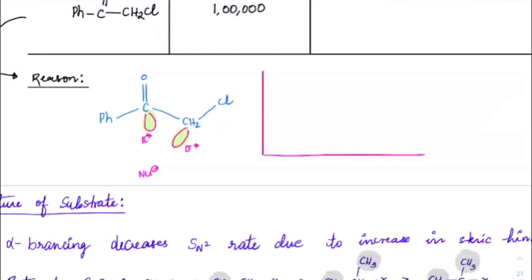So what would happen? You can see by energy terms. Usually sigma star would have less energy as compared to that of the pi star orbital. But as both of them interact with each other, they will create an orbital which is quite lower in energy, like this.